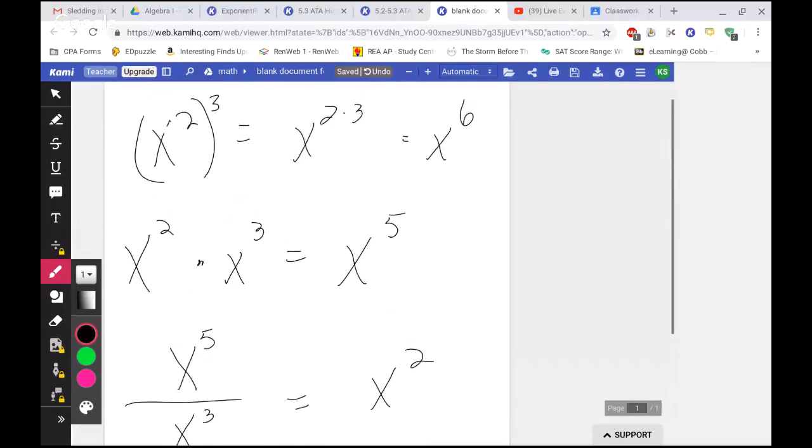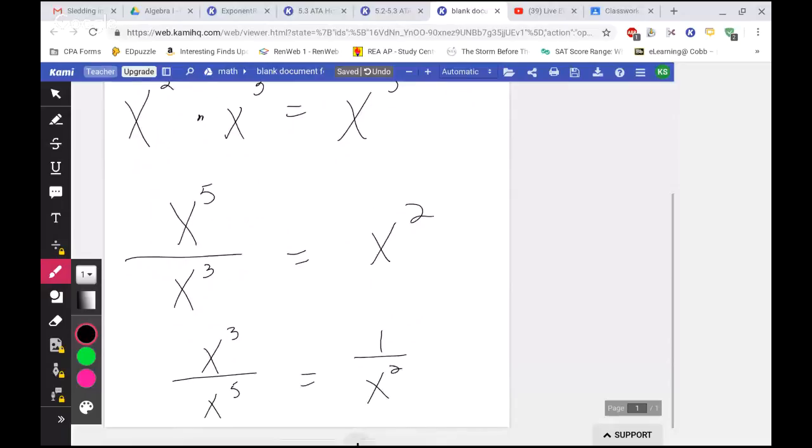And then you just have to remember you're doing the last one I did. Okay. Thank you for stopping me. I'm sure you're not alone. What is 3 minus 5? -2. So it goes to the bottom, and since there was nothing left on the top, I have to show that it goes to the denominator.